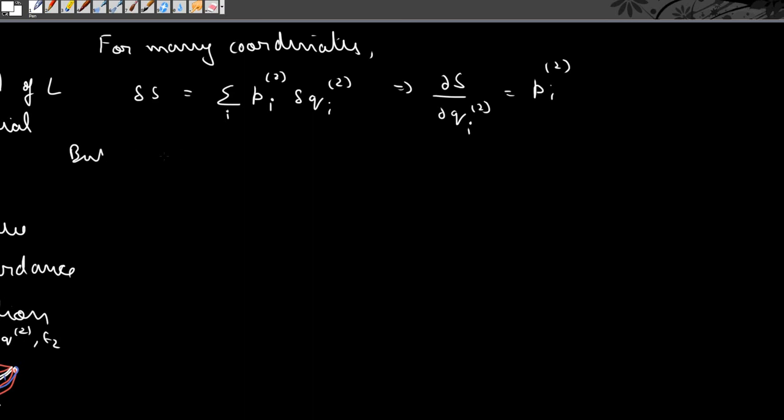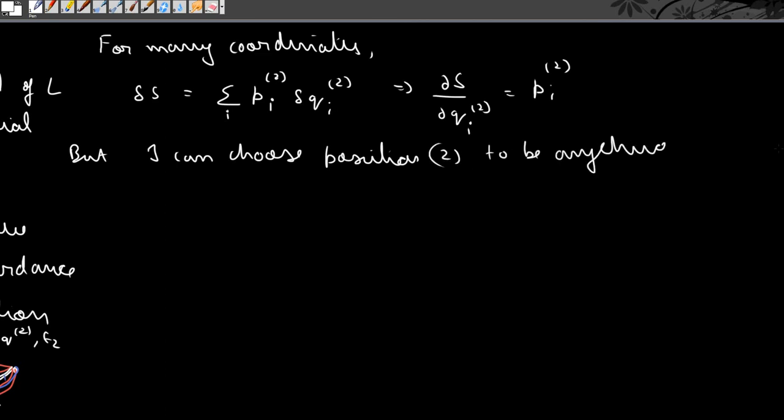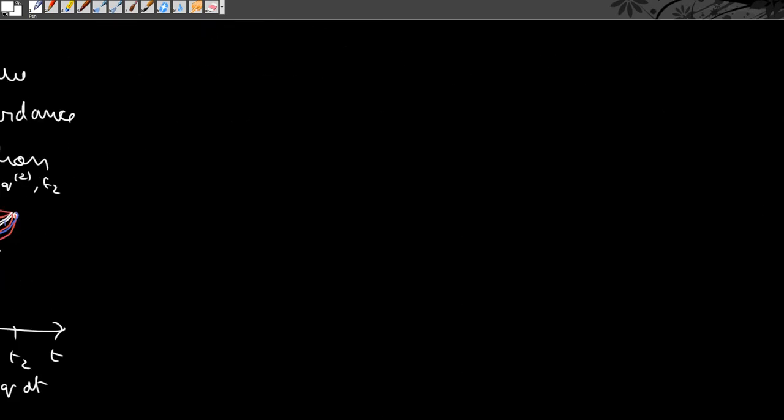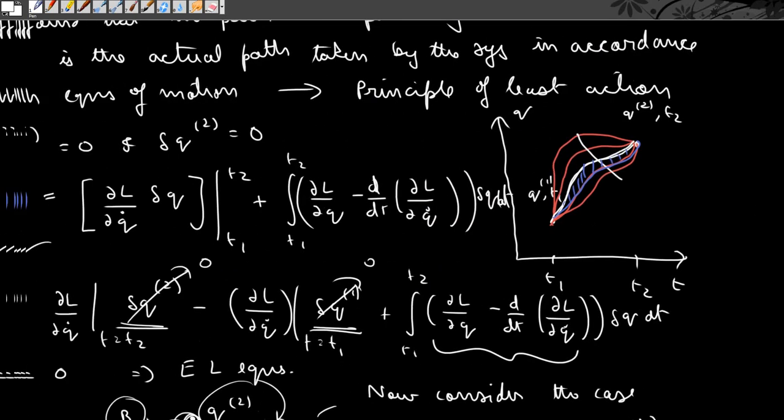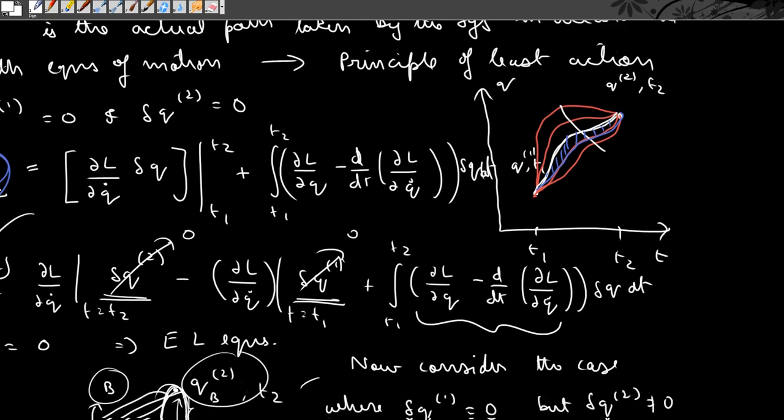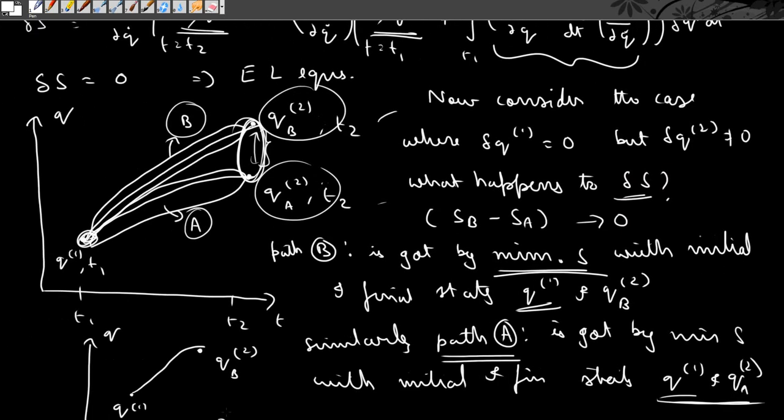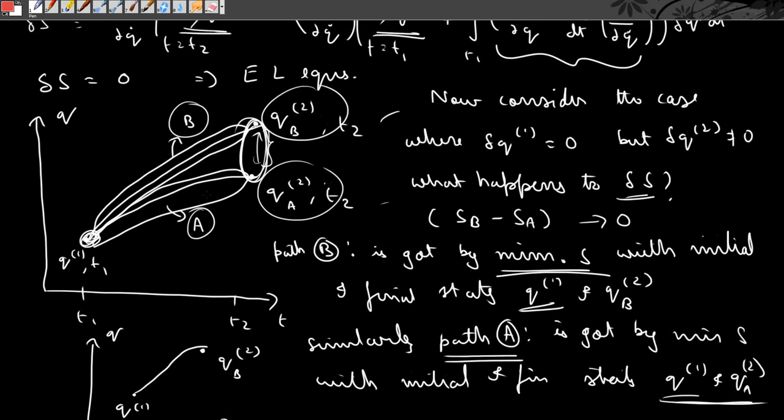But I can choose our position 2 to be anything. What I mean by that is that in our curve here, I could have chosen the final point to be over here, corresponding to some other time.